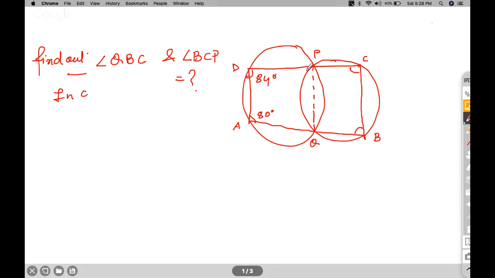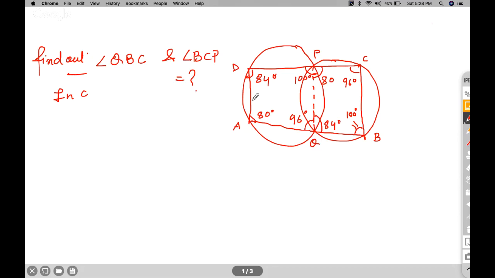So this angle would be 100 degrees, and this angle would be 96 degrees, because in a cyclic quadrilateral opposite angles are supplementary. So this angle would be 80 degrees, and this angle would be 84 degrees. Again, this angle would be 100 degrees, and this angle would be 96 degrees. So all the angles I have written over here. There was nothing in this question.